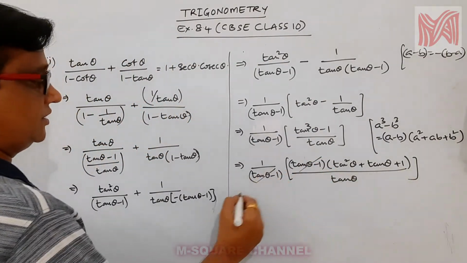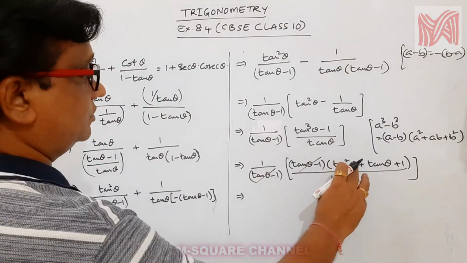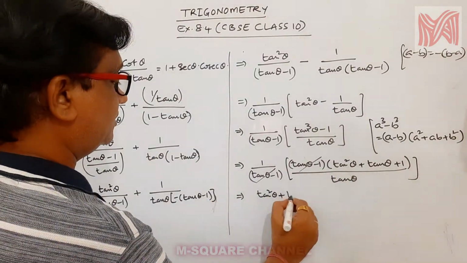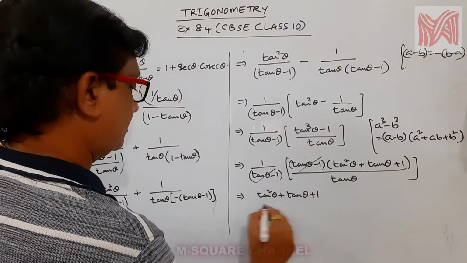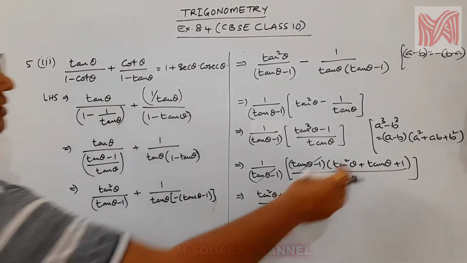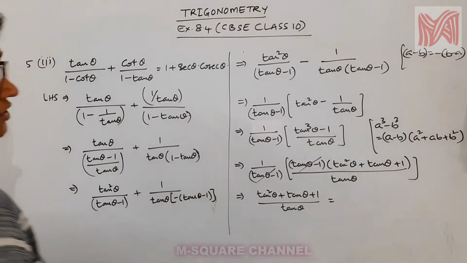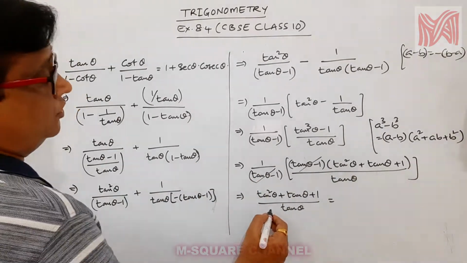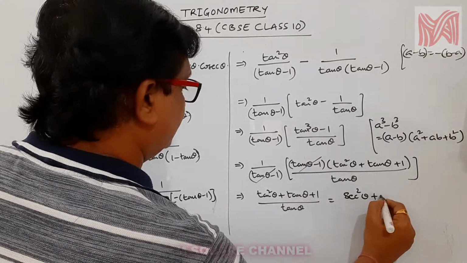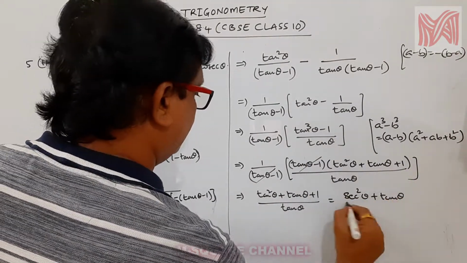So these two are cancelled. Now these remain: tan squared theta plus tan theta plus 1 by tan theta, that is the quotient. Now tan squared theta plus 1 means secant squared theta, plus tan theta by tan theta.